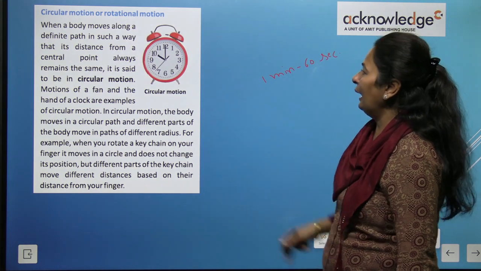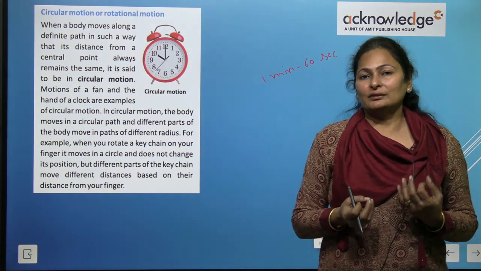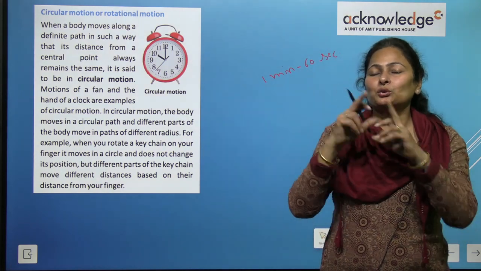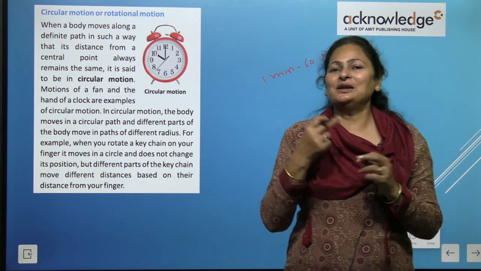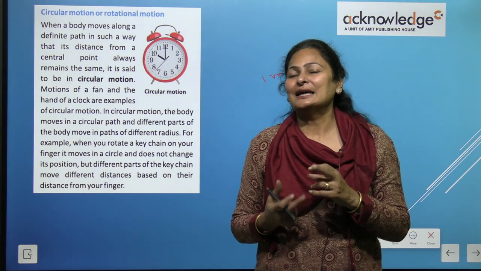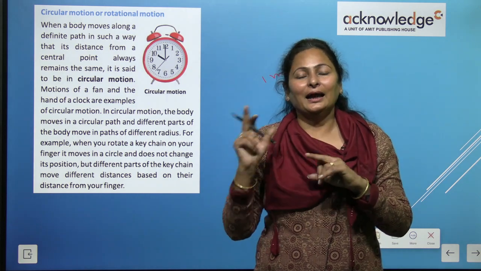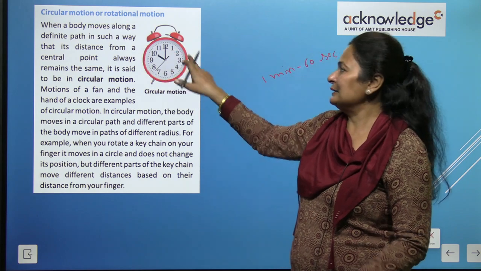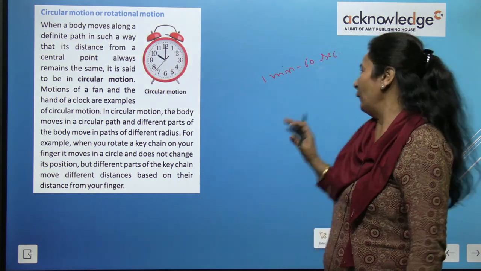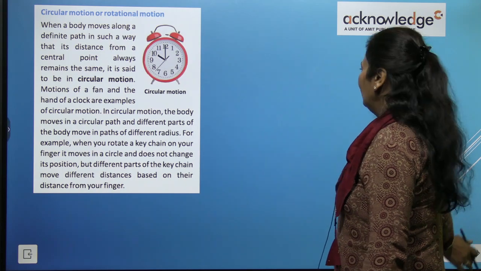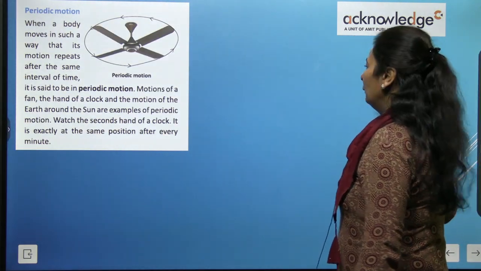The second hand will take 60 seconds only to complete 1 minute, and the minute hand will take how many minutes? 60 minutes to complete it, right? And the hour hand will again take the same amount of time. So the interval is the same. This is called periodic motion.